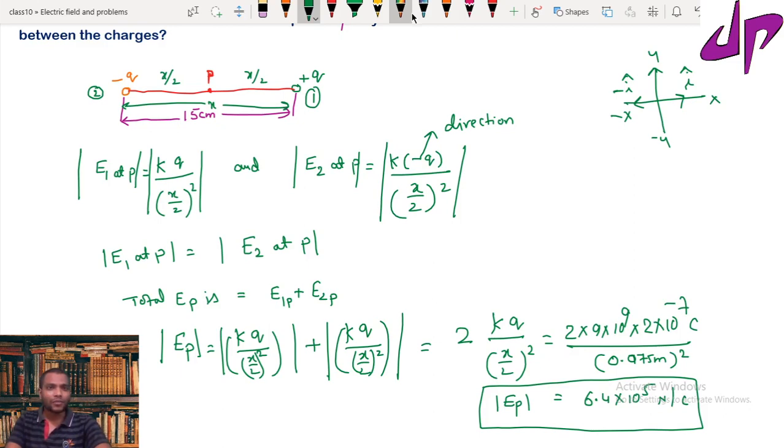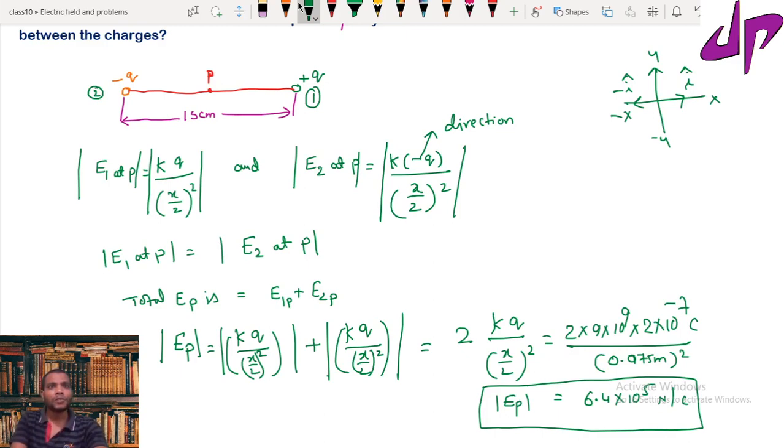Now, can you guess where would be the resultant electric field? To know the direction of the electric field, we need the help of a test charge. Now, at a point P, if I bring a positive test charge, it is a standard convention.